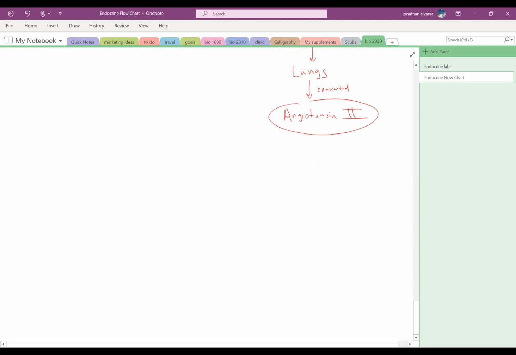It's converted by ACE, which is angiotensin converting enzyme. So angiotensin converting enzyme, or ACE, and this is why they give ACE inhibitors if the person needs it.